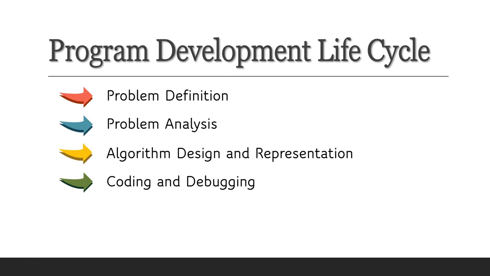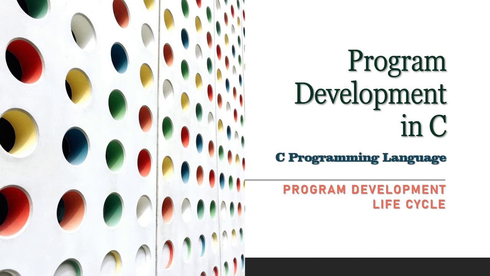Take note that other software development lifecycles available were formed based on these basic phases. There are times that they also consider the maintenance of the program and other relevant processes that need to be done. That ends the topic, program development lifecycle.